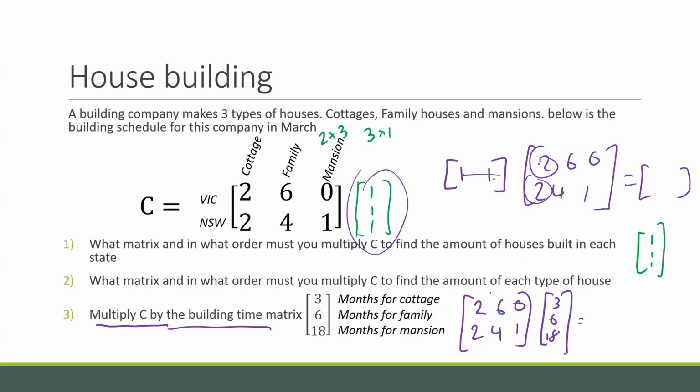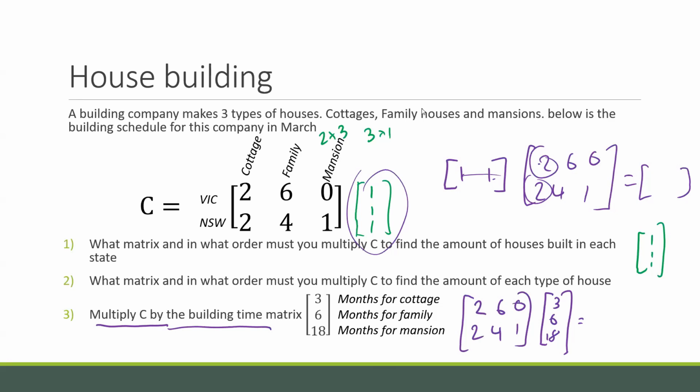Firstly, what size is this new matrix going to be? Can someone let me know? Is it going to be a 2 by 1? It is going to be a 2 by 1.